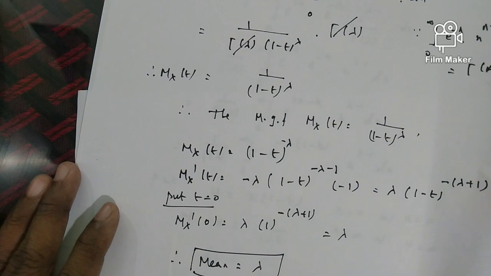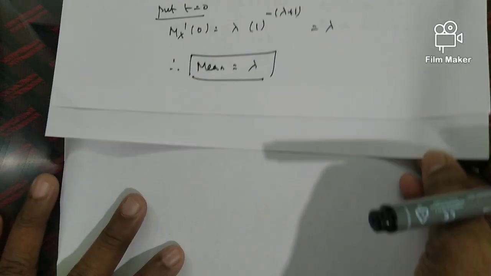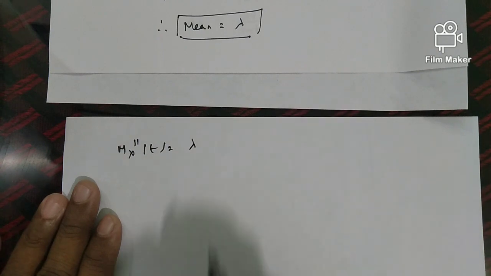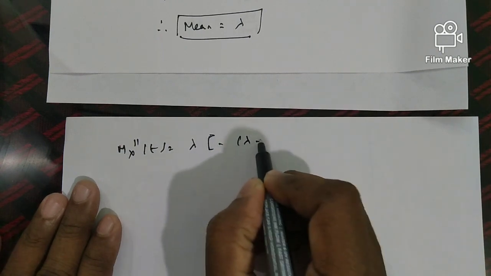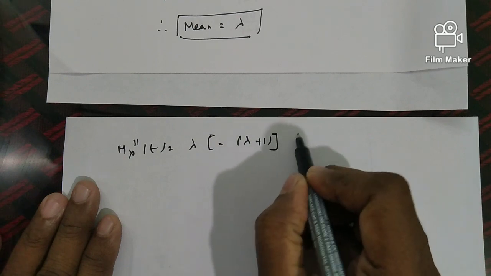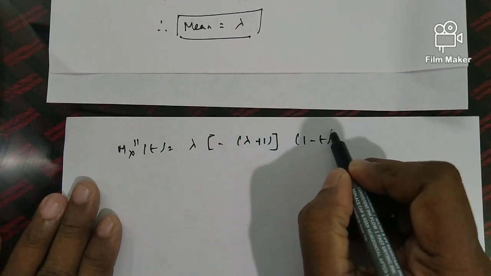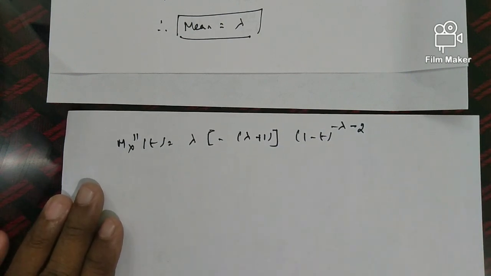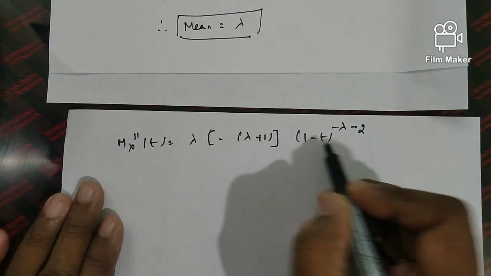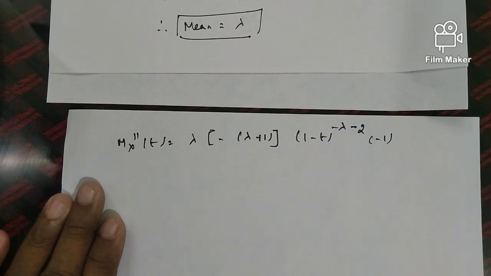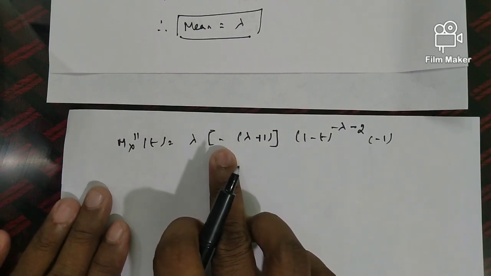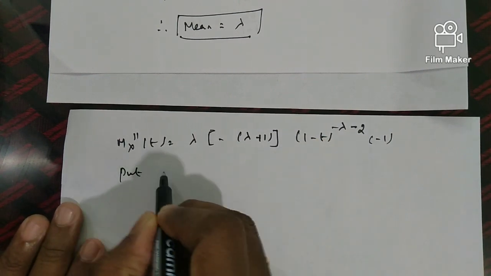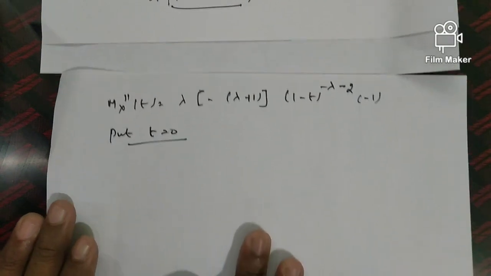Lambda is there, and the power we have minus of lambda plus 1, into 1 minus t power minus lambda minus 2, because here it is minus 1, again 1 minus 1, this will become as minus 2, and differentiation of t, that is 1 minus. Is it clear? So here minus into minus plus, and t equal 0, so we can get only 1. Put t equal to 0.